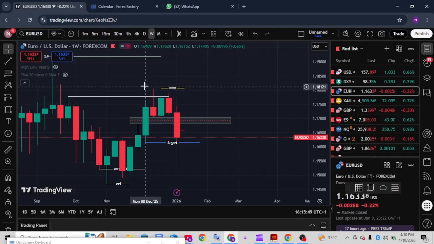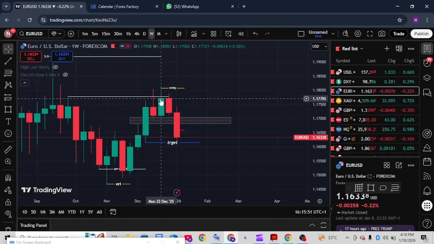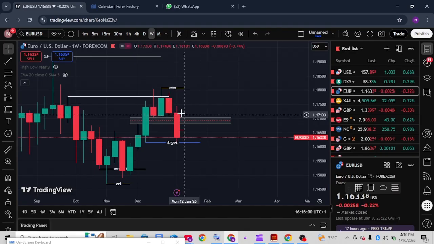This bullish candle took out this high and closed in this candle's range. Then we saw some price movement. There's a weekly change in state of delivery.